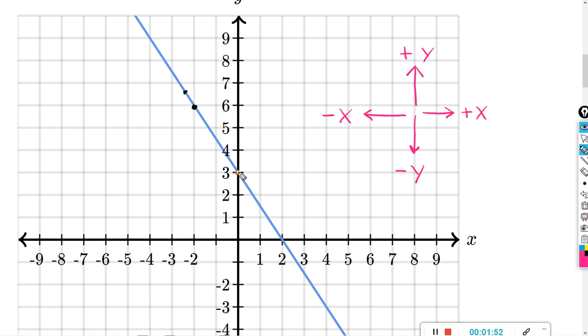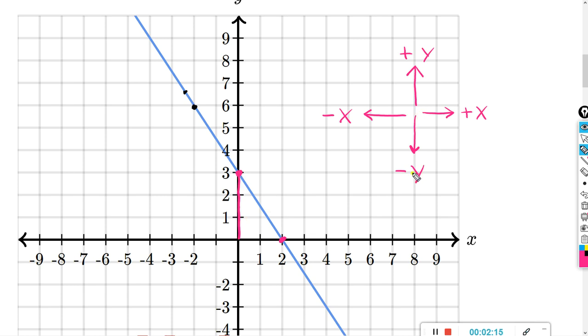So right here we're at 3, and right here we're at 2. Now I'm just going to count units as I described before. We can either travel up, down, right, or left. So starting from the 3, I'm going to go down 3 units. 1, 2, 3.